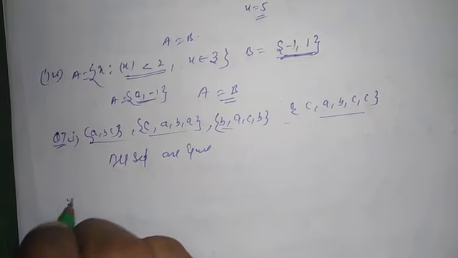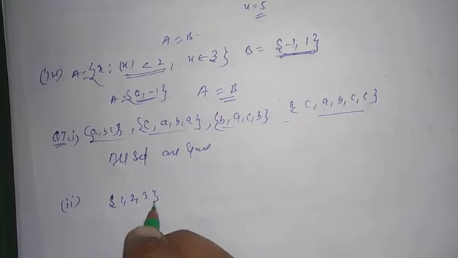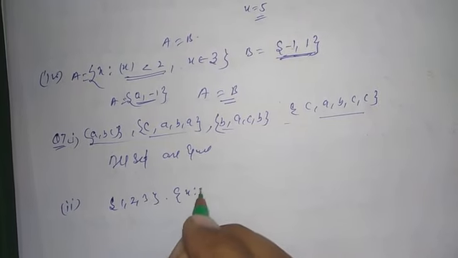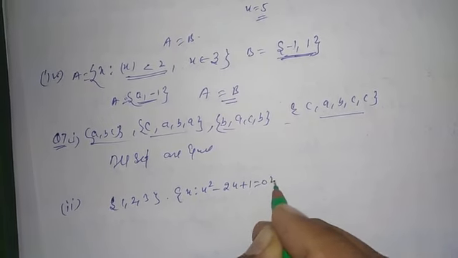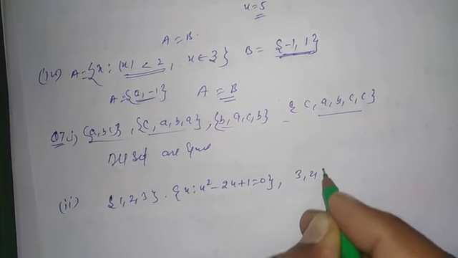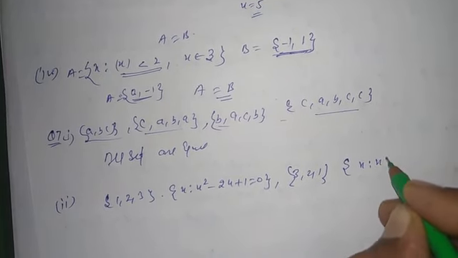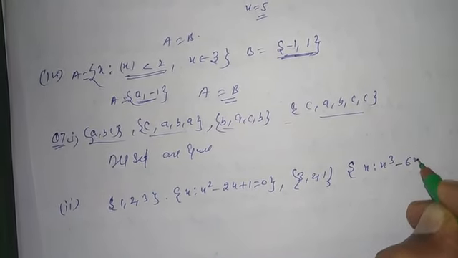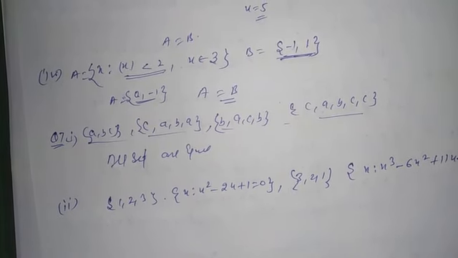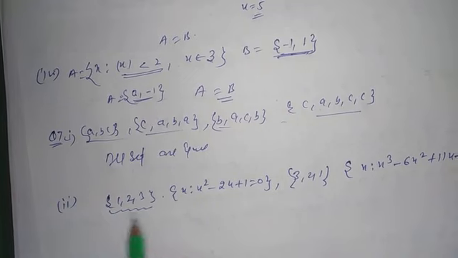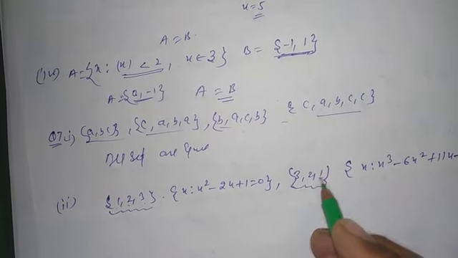Second part. 1, 2, 3. x square minus 2x plus 1 is equal to 0. 3, 2, 1. And last is x such that x cube minus 6x square plus 11x minus 6 is equal to 0. Clearly set A contains 1, 2, 3. Set C contains 3, 2, 1, the same.